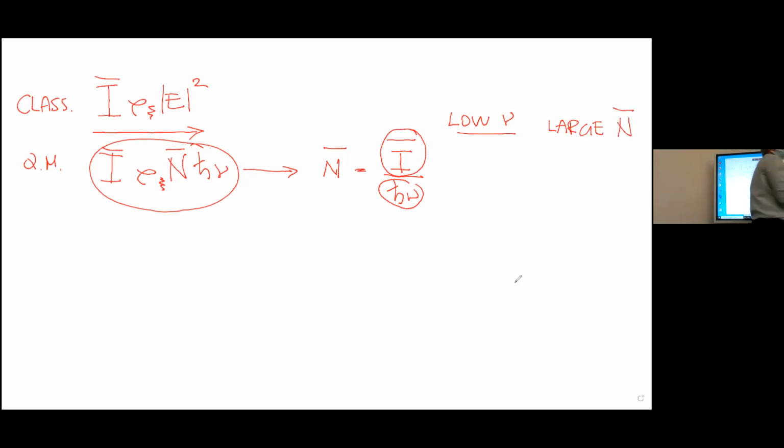If you are at high frequency, for example, gamma rays, then the energy of a photon is very large, and for a given intensity, the average number of photons is small.